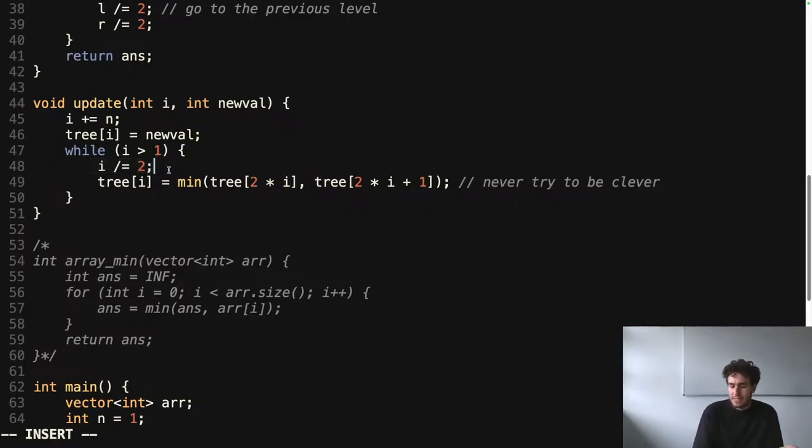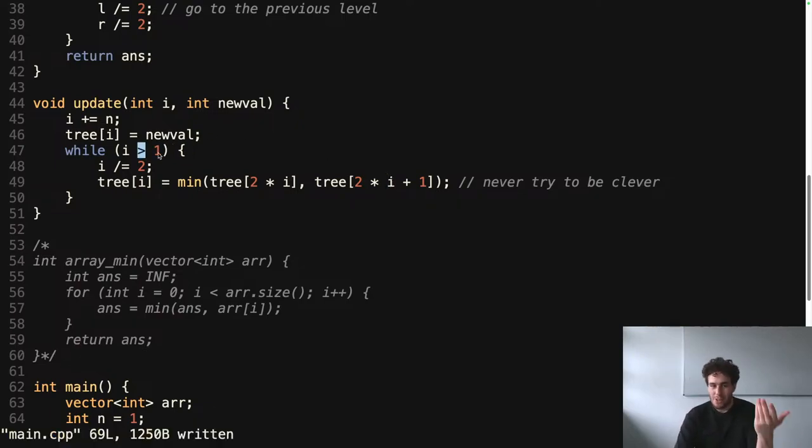Vertex 0 doesn't exist, so that's not relevant. But you could do it like that. It's not going to change anything because I'm just going to update tree 0 with the minimum of tree 0. I don't care about tree 0, so you could do that. But the right way of doing it is i larger than 1. So while I'm not in the root, I go up. I cannot go up from the root.